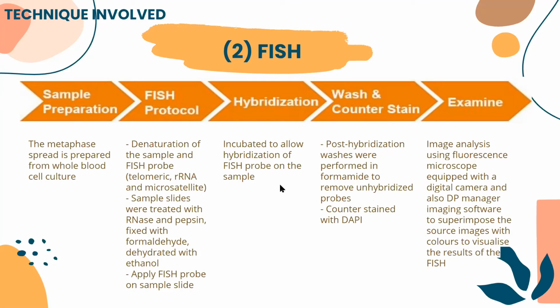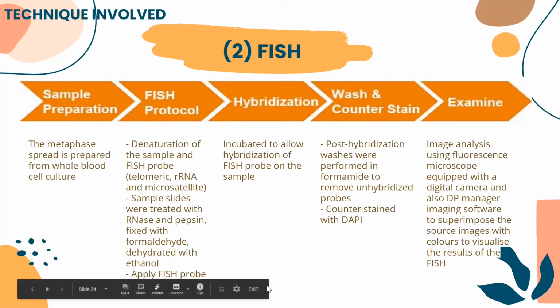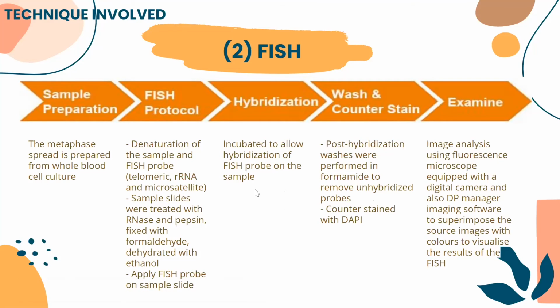And then the sample slides were treated and then fixed and dehydrated. The next one, the FISH probe will be applied on the sample slide and incubated to allow the hybridization of the FISH probe on the sample. Next, post-hybridization washes were performed in formamide to remove the unhybridized probes and counterstain with DAPI.